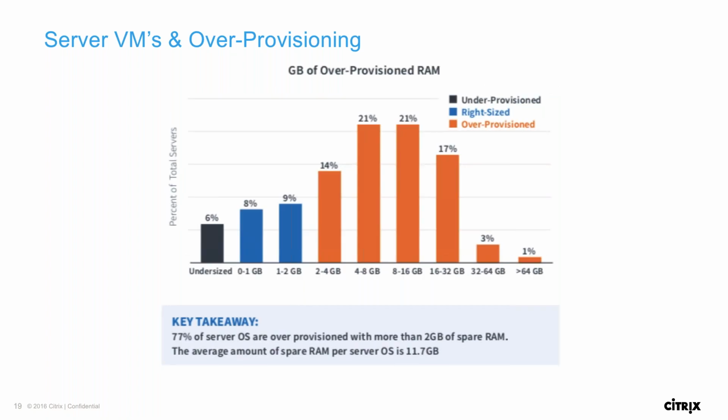When you look at the RAM, you can see the data, how it breaks out. The key takeaway: 77% of server VMs are over provisioned by more than 2 GB of RAM. And the average underutilized RAM per VM is almost 12 GB.